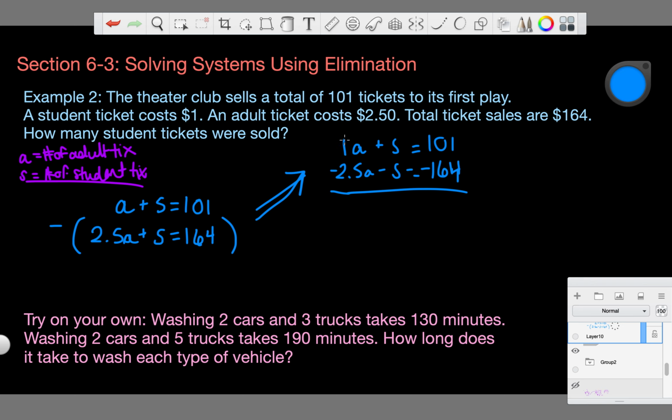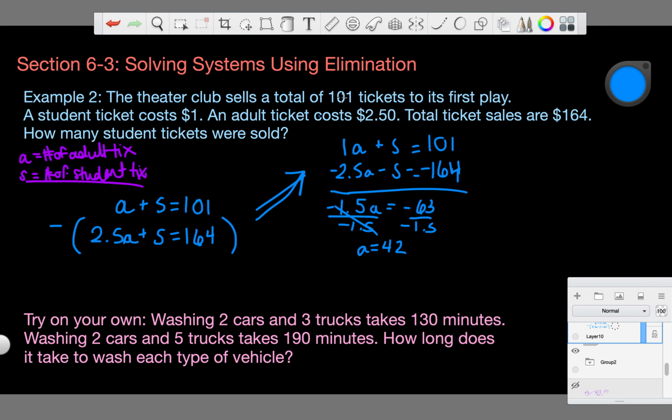So this is like a 1A right here. If we have 1 minus 2.5, we're left with -1.5A, right? My S's cancel, and then we have 101 minus 164, which is -63. If you divide by -1.5, divide by -1.5, you're left with A equals 42.